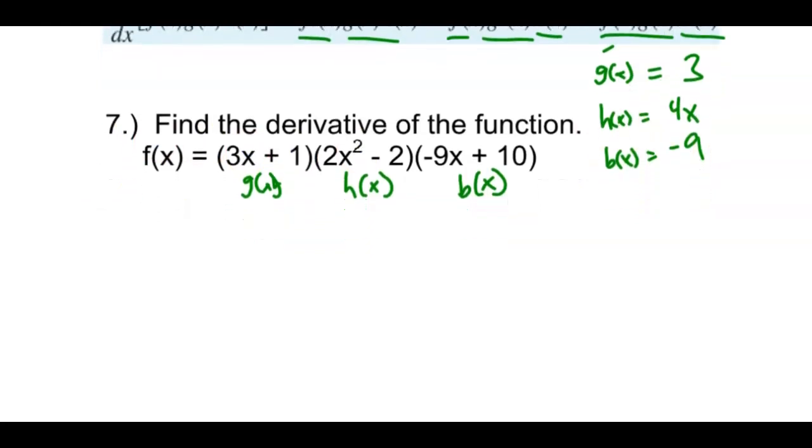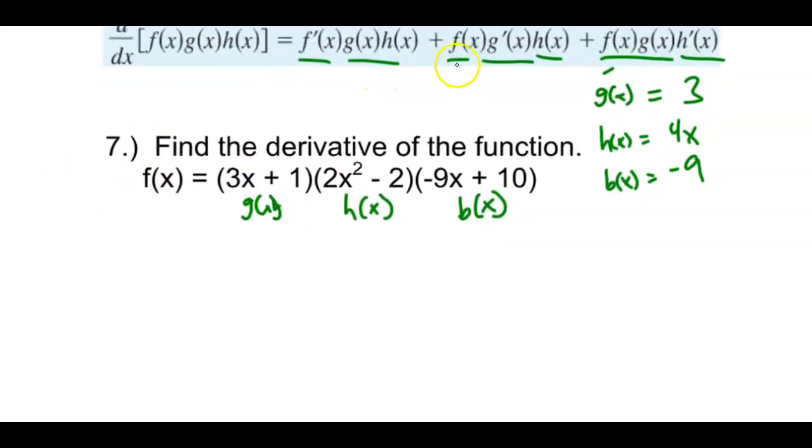So now, if you just follow this model right here, the derivative of f would be 3, the derivative of the first one times the second and third function.